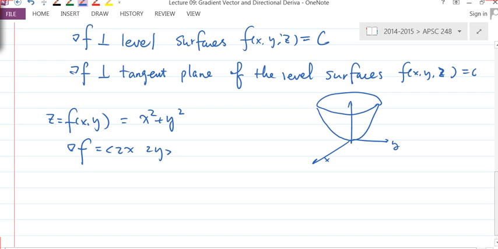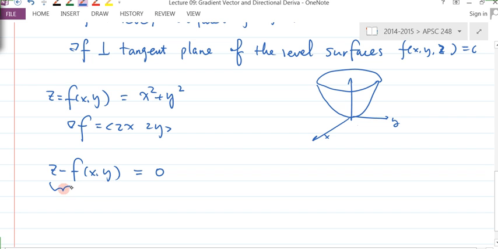Now watch carefully. I'm going to do it slightly differently. I'm going to move this to the left side, so I'll write z minus this equal to 0. Now look at the left side. I'm going to define it as a new function, w of x, y, z.